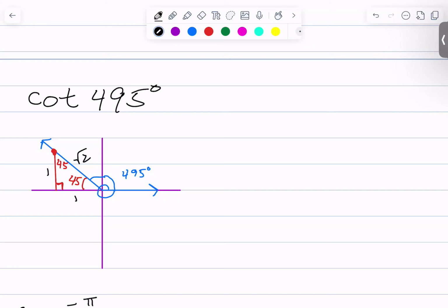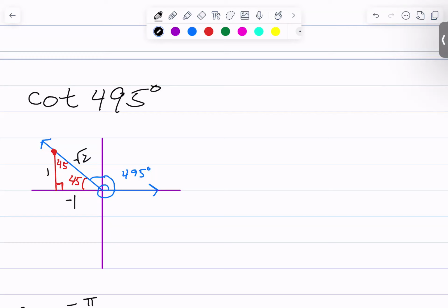Okay, so it's 1, 1, rad 2, but I'm in my second quadrant, so my x value here is negative, right? Negative, positive. And my radius, class, since the radius of a circle is measuring the center point of a circle to the circle itself, right?